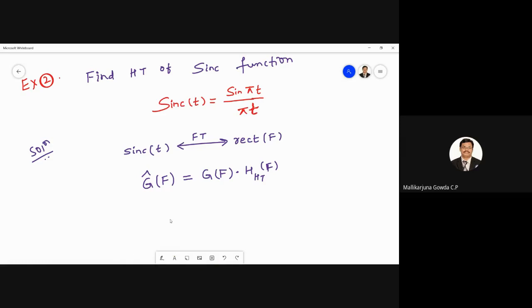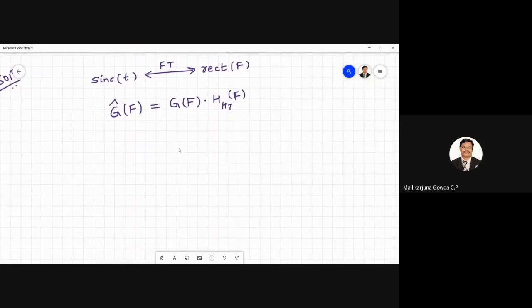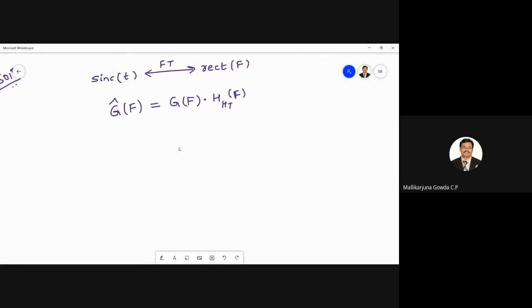Hope you are getting what I am saying. See, my G of f is the rectangular function, RECT of f. So how do I write this rectangular function?